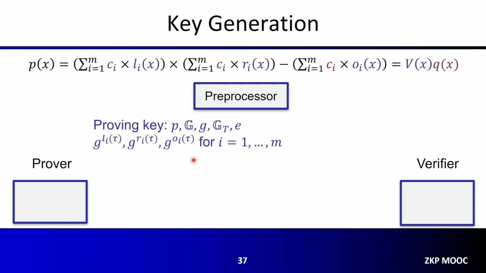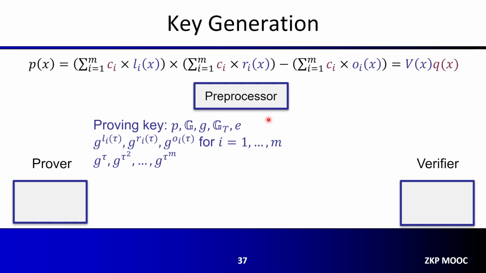In this case, we're calling it a proving key that will be used by the prover. This proving key is basically evaluating each selector polynomial at a secret evaluation point tau chosen by the preprocessor. So we're going to compute g to the L_i(tau), g to the R_i(tau), and g to the O_i(tau) for all i from 1 to n. Note that these are the selector polynomials L_i(x), R_i(x), and O_i(x), evaluated at location tau and raised to the exponent of g.